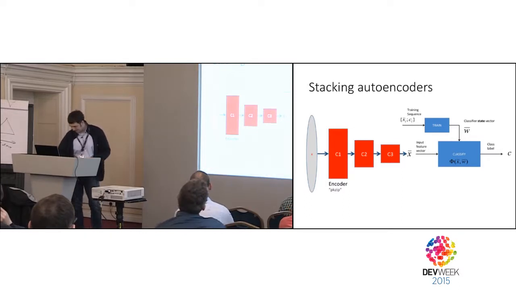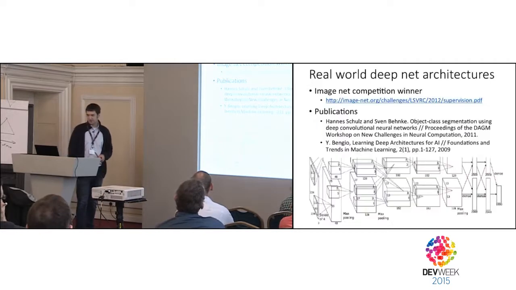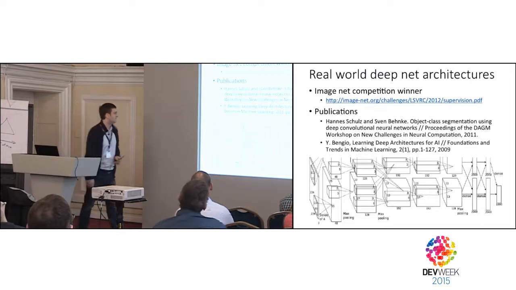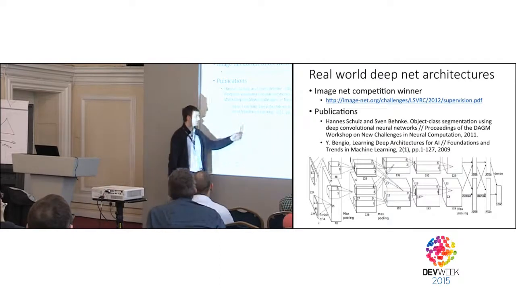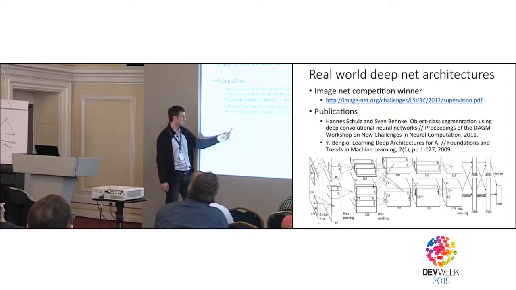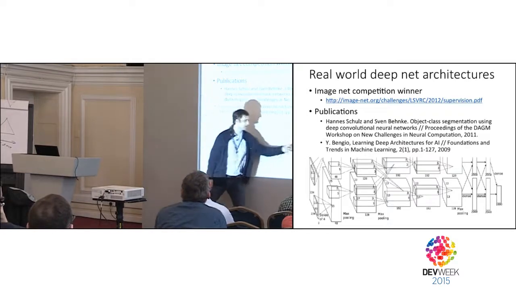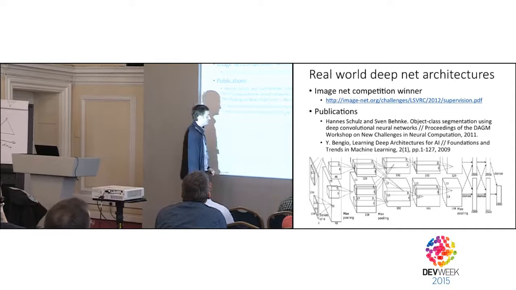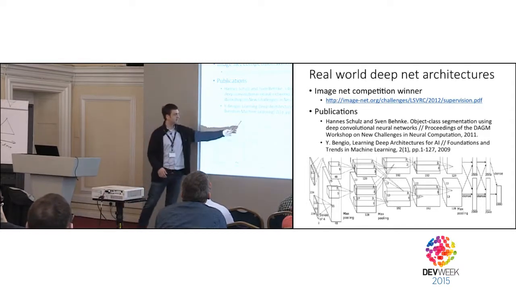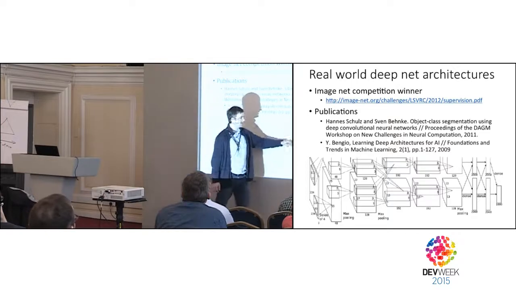Okay, next one. So that's, for example, what real-life deep learning networks look like. They have multiple layers of often different architectures, so-called convolutional layers, fully connected layers, pooling layers, and so on, that do this work in a really multidimensional manner.